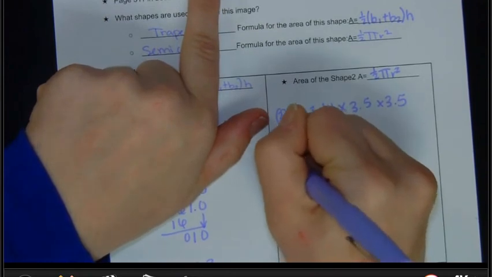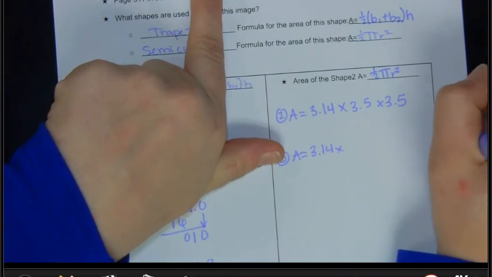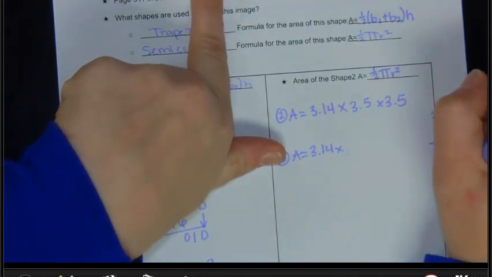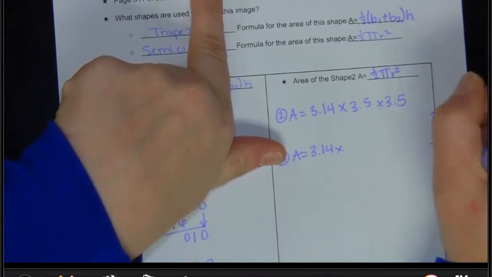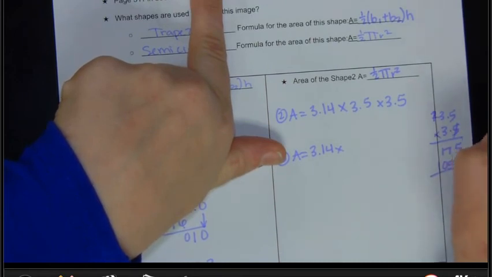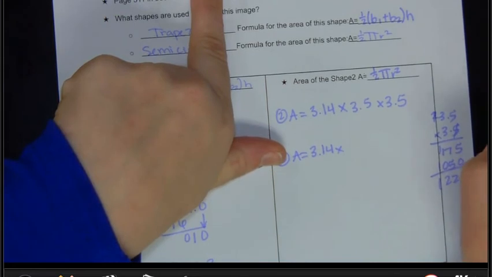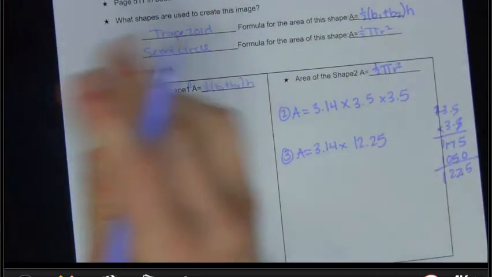The third step is to solve it. 3.5 times 3.5 is 12.25.